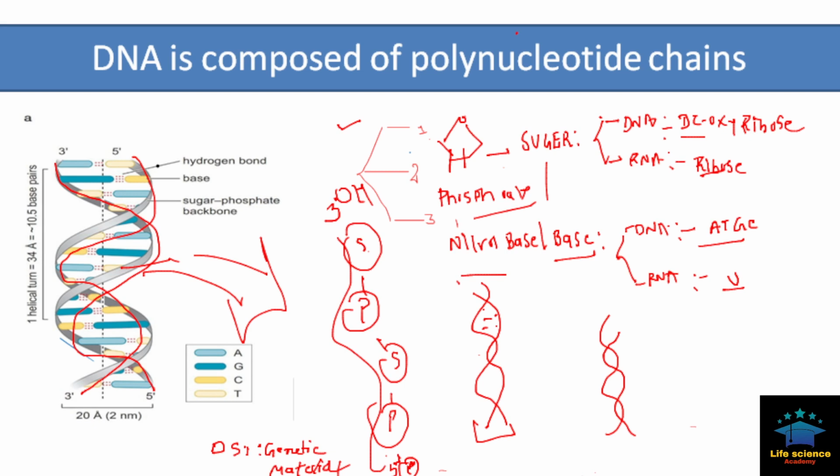So if we want to define DNA, we define it as deoxyribonucleic acid, a polymer composed of two polynucleotide chains that coil around each other to form a double helix, carrying genetic instructions for the development, function, growth and reproduction of all organisms and many viruses. So we simply say that some viruses have DNA as a genetic material.